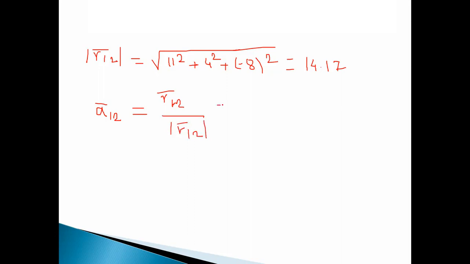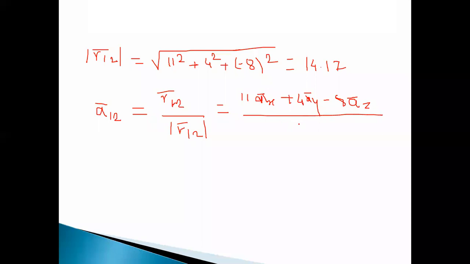So r bar 1, 2 is equal to 11 a bar x plus 4 a bar y and minus 8 a bar z, divided by mod of r bar 1, 2, that is 14.17.